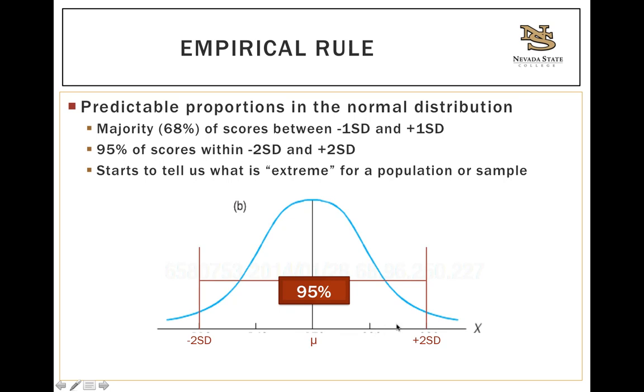Even if it's within 2 standard deviations, that's pretty normal. But once you start to get out here, only 2.5% of your participants are going to fall into that extreme. So if someone is above 2 standard deviations away from the mean, we can start to see that they're an extreme score. So that's another way that standard deviations help us, and in combination with the empirical rule.